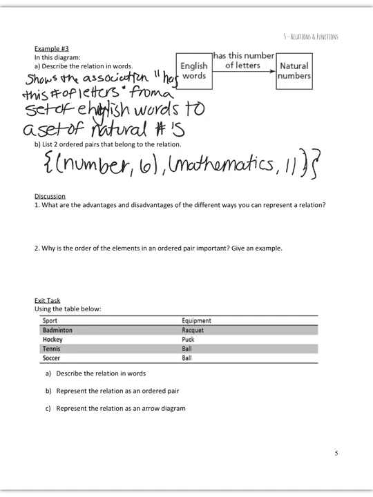So what are the advantages and disadvantages of the different ways you can represent a relation? There's a bunch of different things. So a relation is very explicit in some instances versus kind of implied in others. So you saw that we had to read the question in example 1 to get the information about animals to class, versus the diagram here with English words and natural numbers.